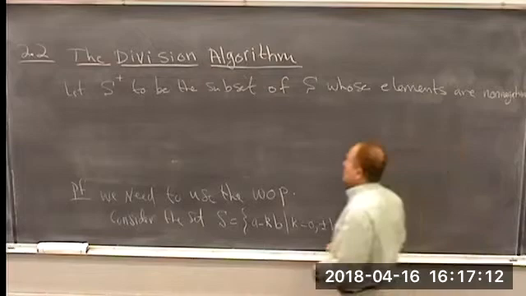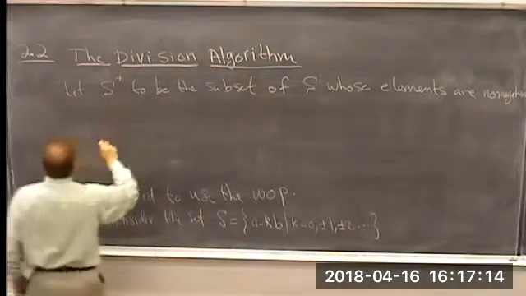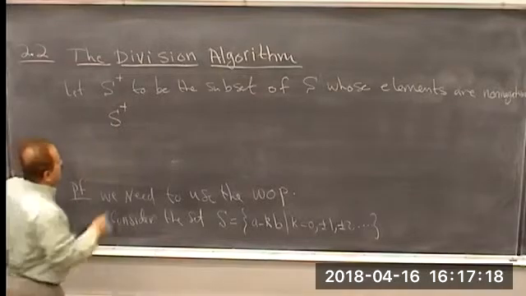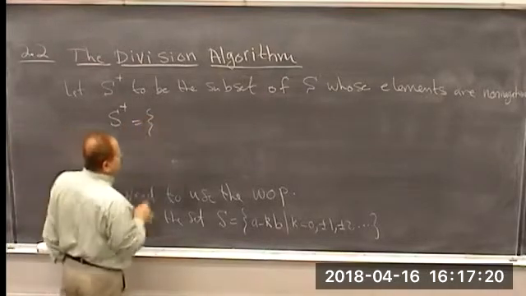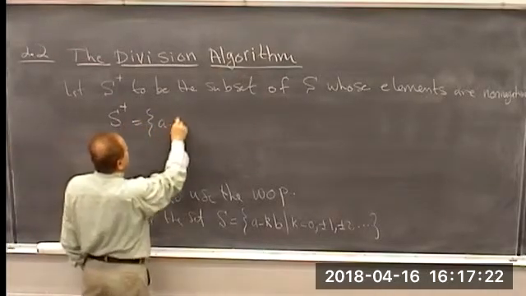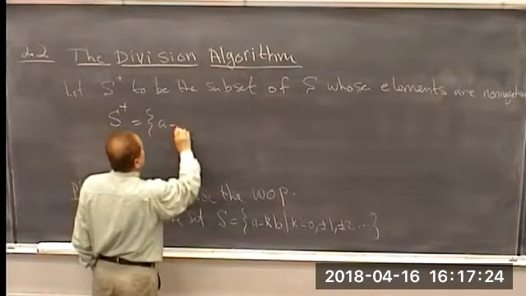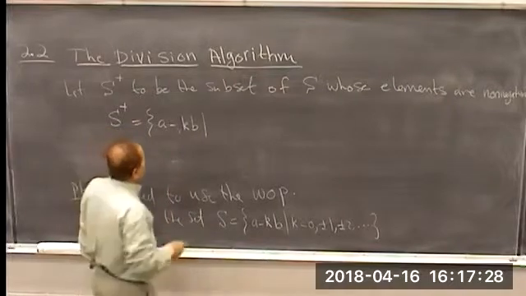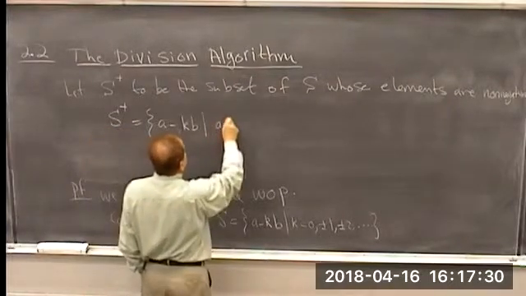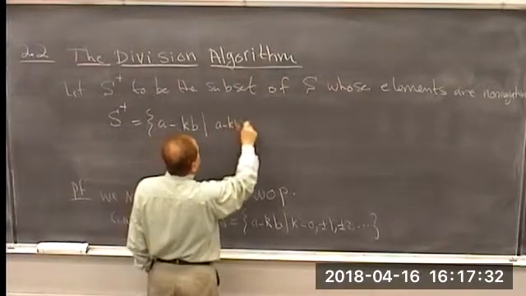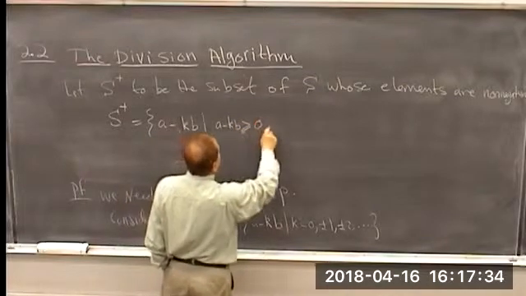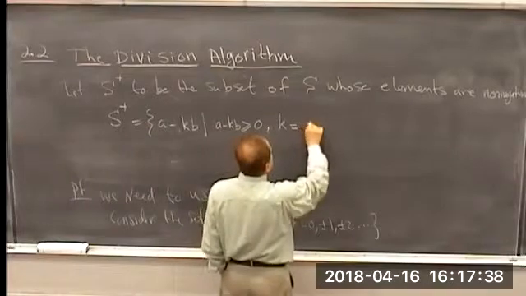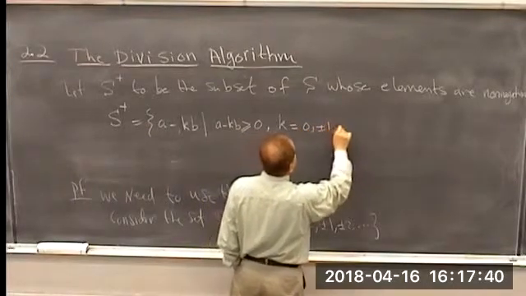In other words, it consists of those elements A minus KB such that A minus KB is bigger than or equal to 0, and K is again 0, plus or minus 1, and so on.